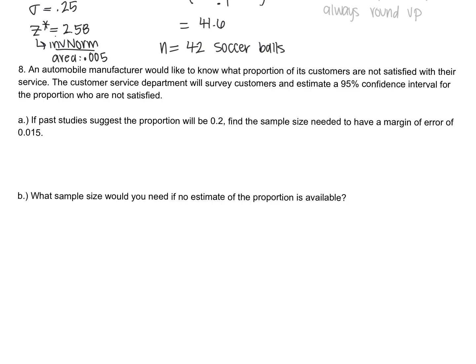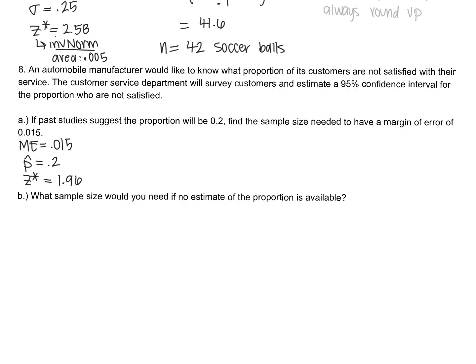So again, we have our margin of error, which is 0.015. We need our p hat, which is 0.2, and then we still need our Z critical value, which we do inv norm to calculate, which for a 95% confidence interval is 1.96.